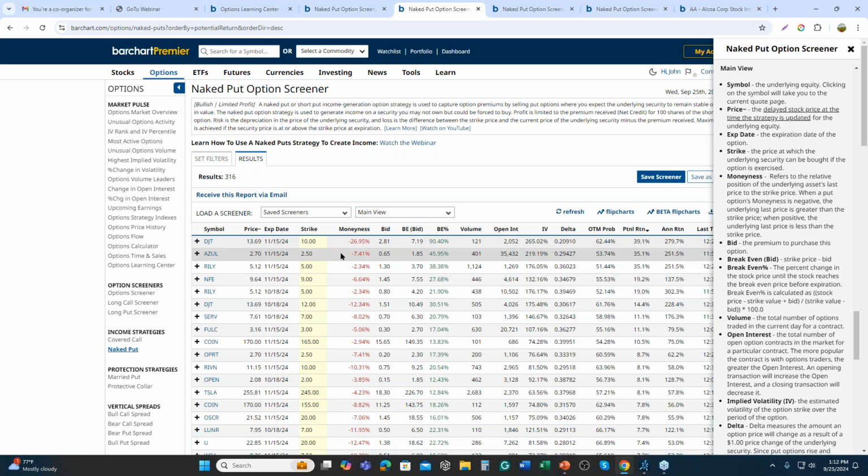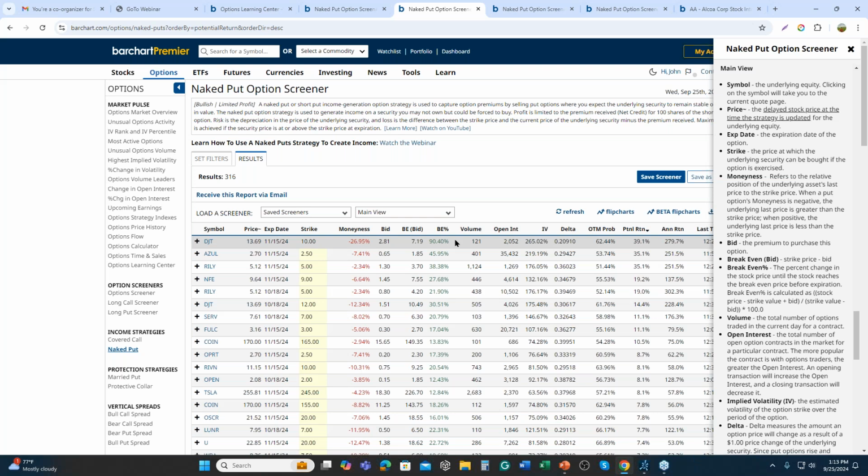But again, as our process today, it's about the calculations as we move forward. Now, the bid to break even right here is just the strike price minus the bid. The bid is, again, that premium that we're going to receive. The break even BE percentage is how far price has to fall from current price in order to reach the price of our break even.